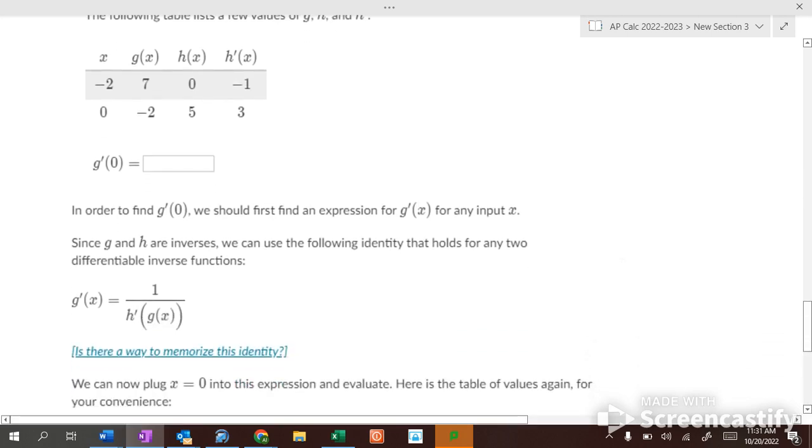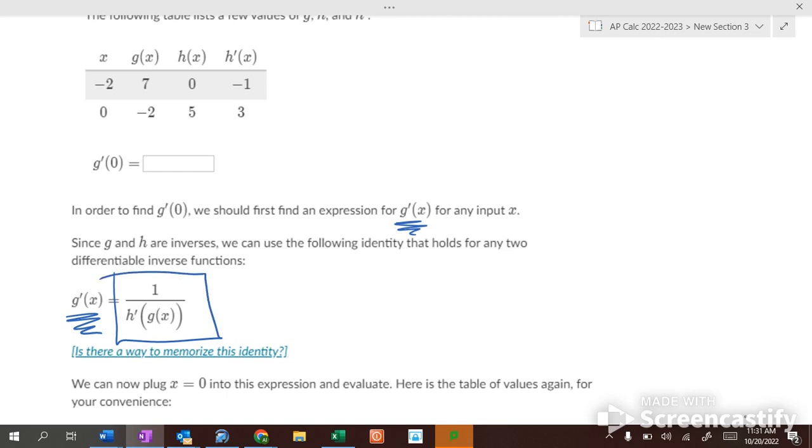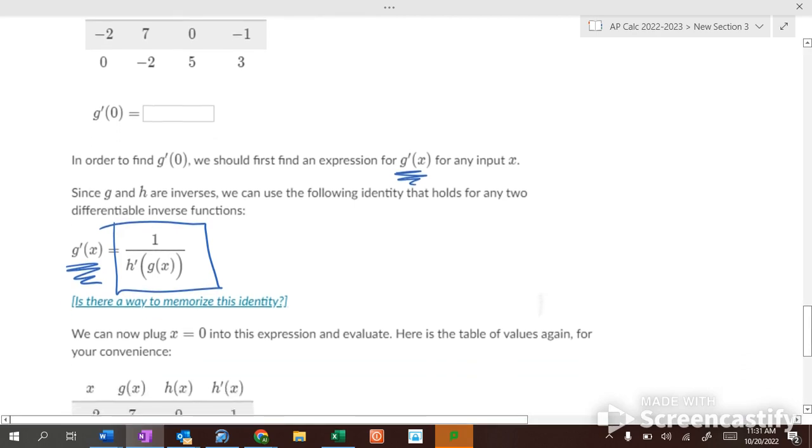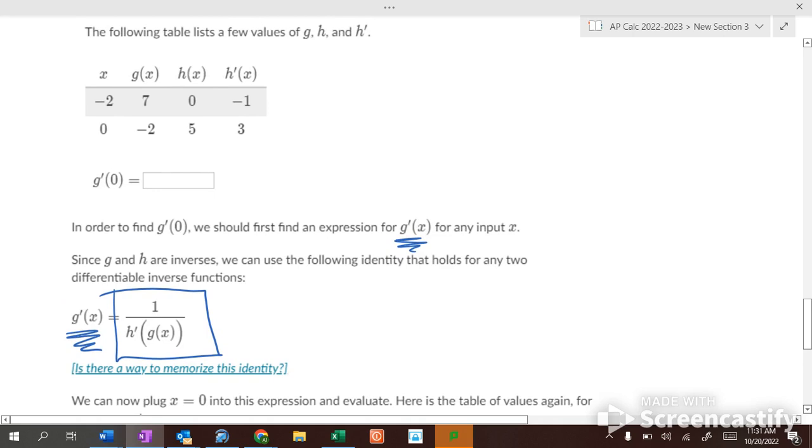Well, in order to find that, we should find an expression for the first derivative of the inverse at any input of x, which is this formula, 1 over the first derivative of h times the original g of x, okay?